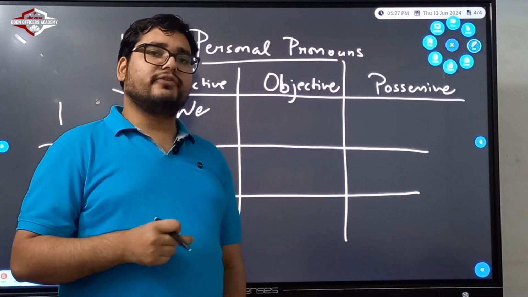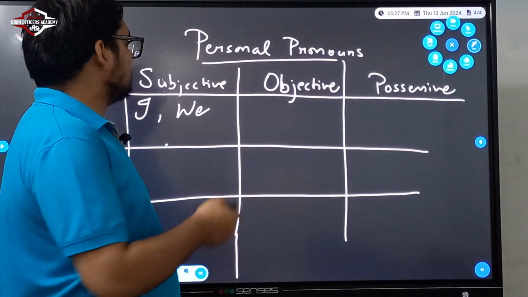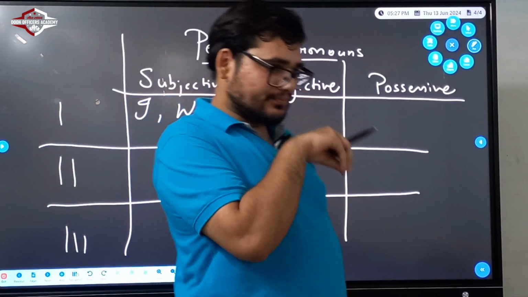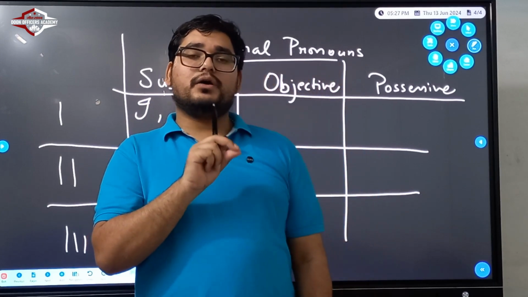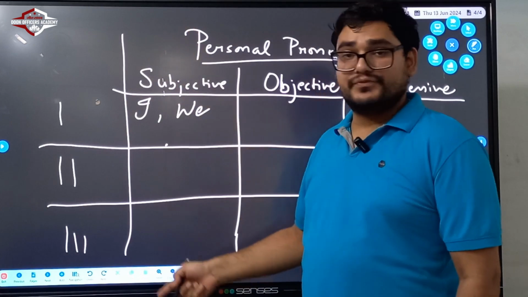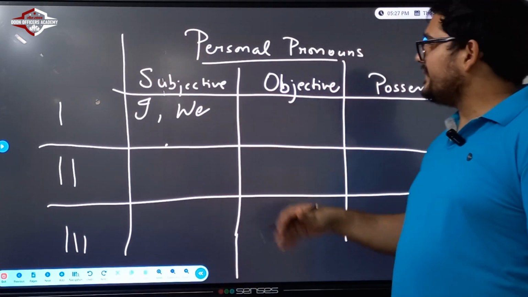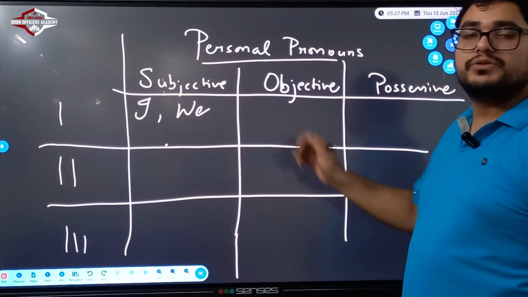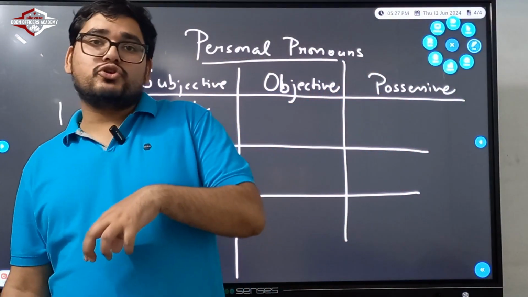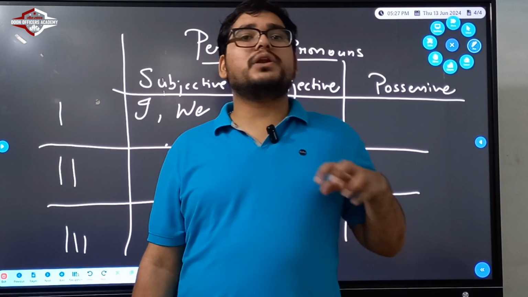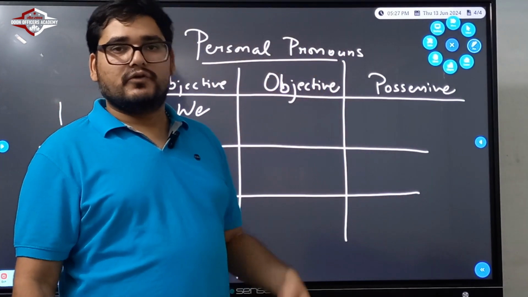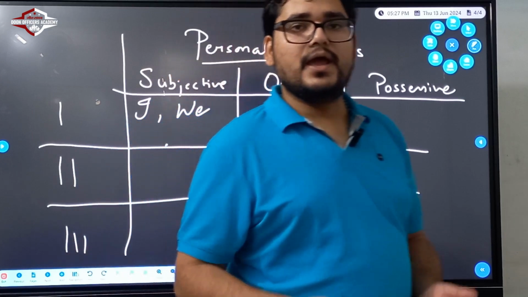A subject is a doer of an action and an object is the receiver of an action. So if there is a pronoun which is the doer of an action, you will use the subjective case. But if a pronoun is the object of a sentence, you are going to use objective case. If you need to show possession or ownership or mastership, then you need to use possessive case. We'll go through the examples, don't worry.